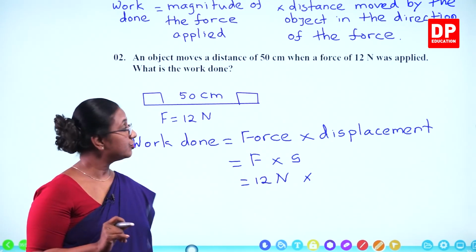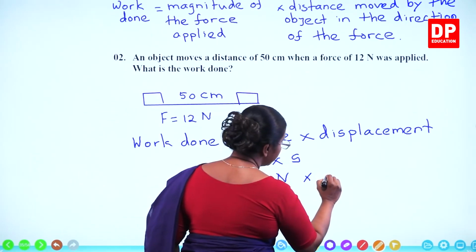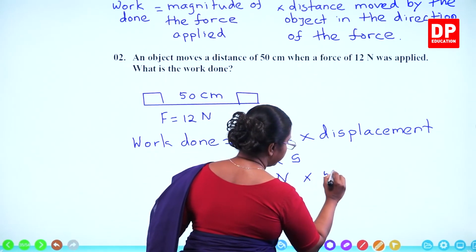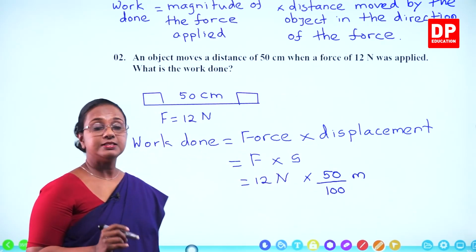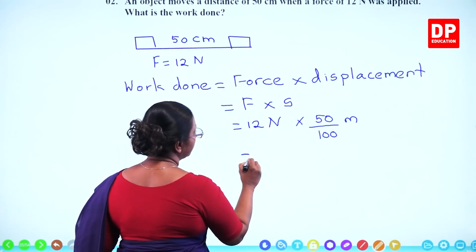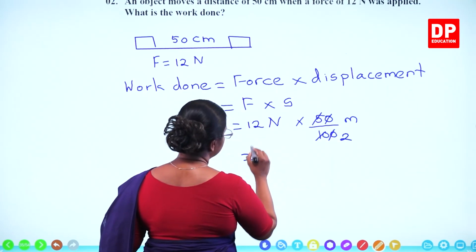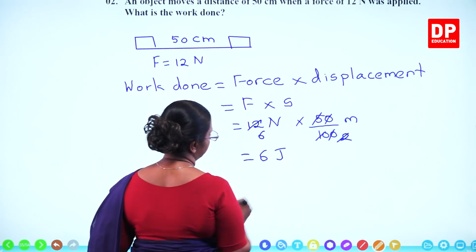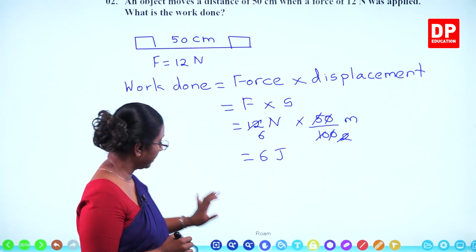So again, like I told you, you can either do the unit conversion before and substitute, or substitute 50 centimeters divided by 100 meters. Either way is fine. So if we do this, you will get the answer as 6 joules. That is the work done.